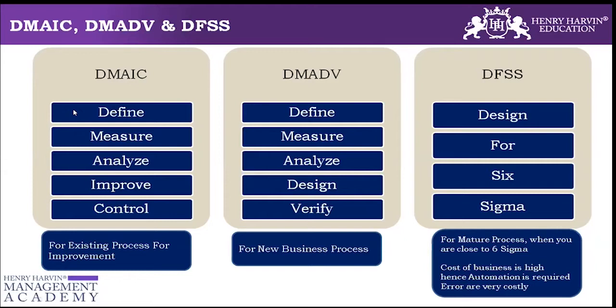We are trying to find those x1, x2s, and for that we'll use DMAIC. But let's say there's something in which the cause is identifiable, even for an existing process for an improvement, we would not go for DMAIC, right? We would set up a brainstorm or a Kaizen event, etc.